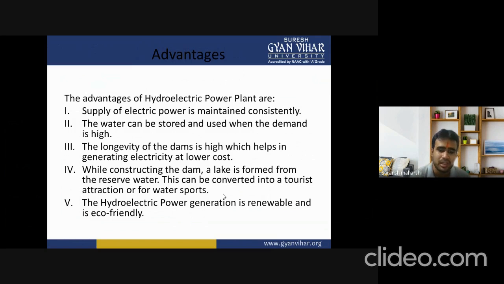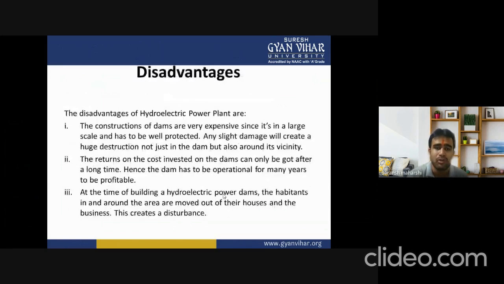While constructing the dam, a lake is formed from the reserve water. This can be converted into a tourist attraction or used for water sports. The next is that hydroelectric power generation is renewable and eco-friendly.